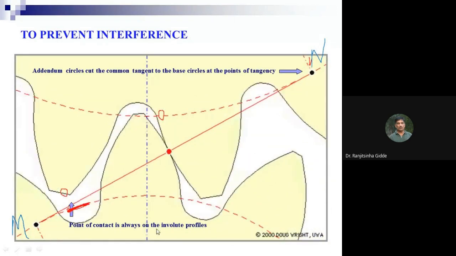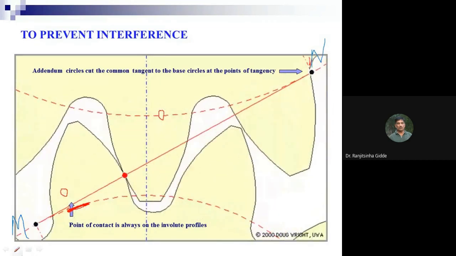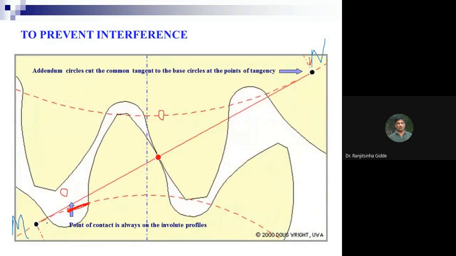Point of contact is always on the involute profile. This is the profile, right? So this part is called the profile. This part is called the profile. Point of contact is always on the involute profile. Here also you can check. This is the involute profile. This one is the involute profile.